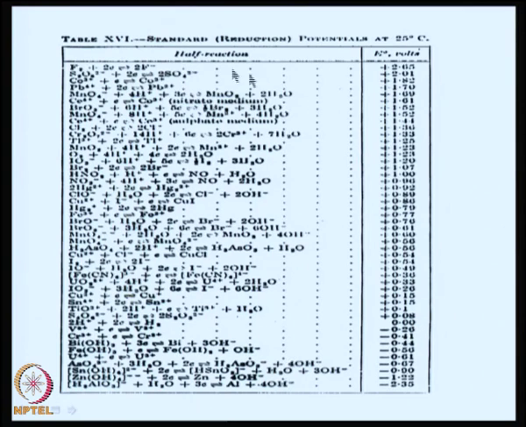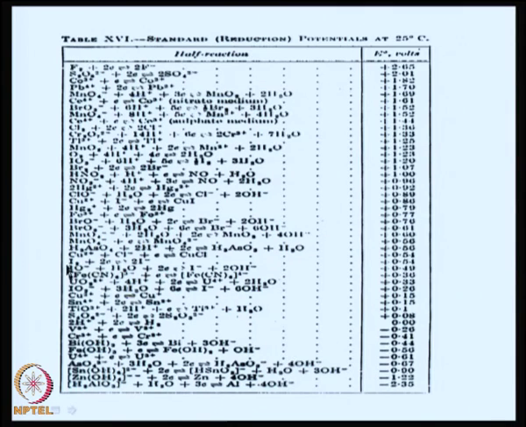Above this, all the reactions are showing positive values. For example, here it is iron plus 2 electron going to Fe3, it shows plus 2.65 volts. It means, when an iron electrode is connected with the standard hydrogen electrode, it shows 2.65 volts. So, similarly, we have sulphate S2O8 plus 2e going to SO4, that shows 2.01.